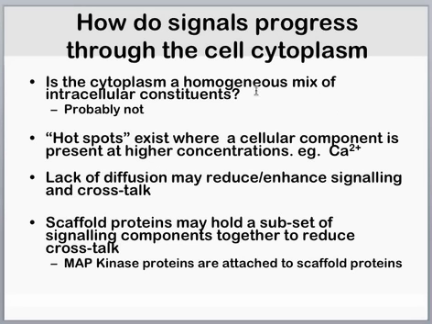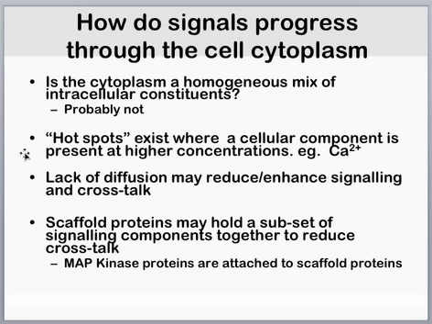Typically, it's not thought of as a homogeneous mix, but it's observed that you can have concentration gradients within the cell. So you can have, for instance, hotspots where when calcium is released within a cell, it doesn't diffuse across the cell in a homogeneous way, but it stays in a higher concentration in one part of the cell.